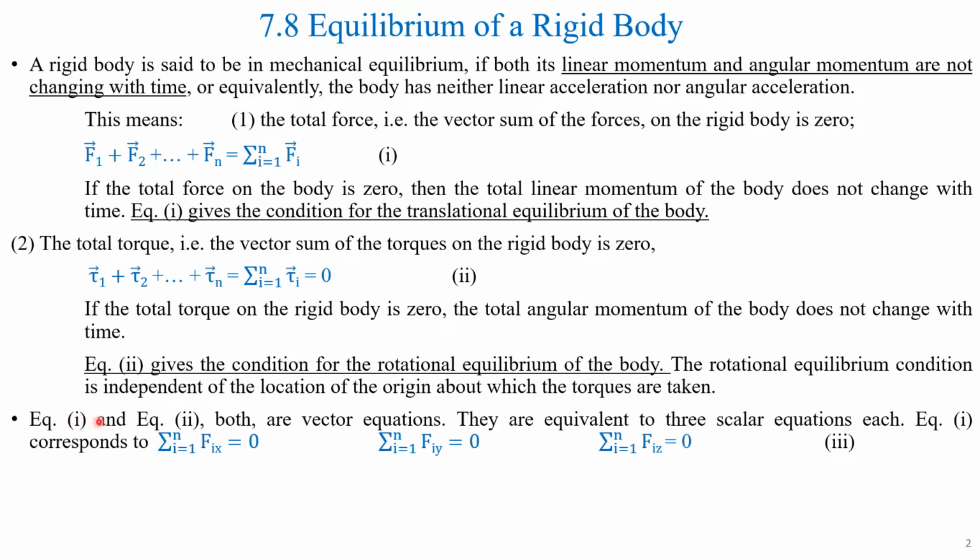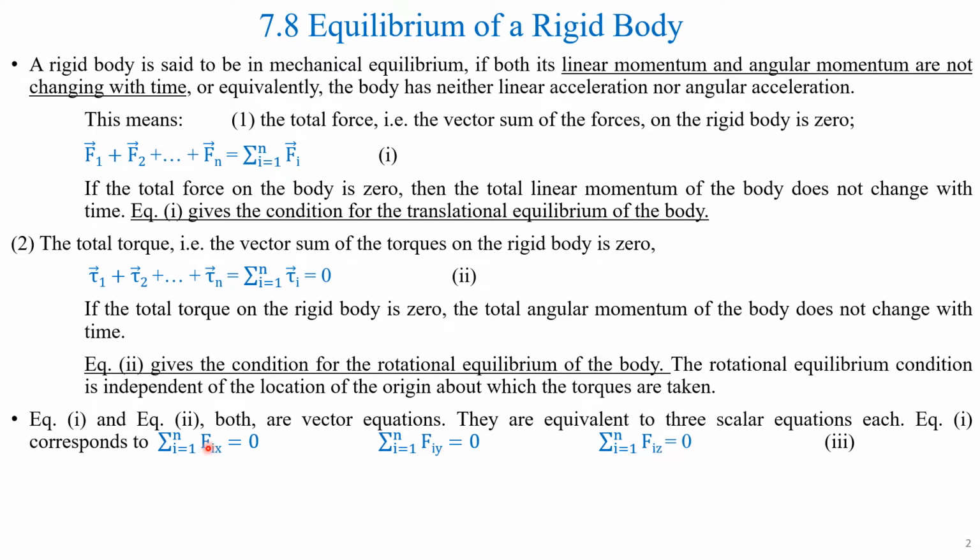Further, equation 1 and equation 2 above both are vector equations. As you see, Fi is a vector and tau i also is a vector. These are equivalent to three scalar equations each. That is, they can be split into three scalar equations: sigma Fix is equal to 0, sigma i equals 1 to n of Fiy equals 0, and sigma Fiz is equal to 0.